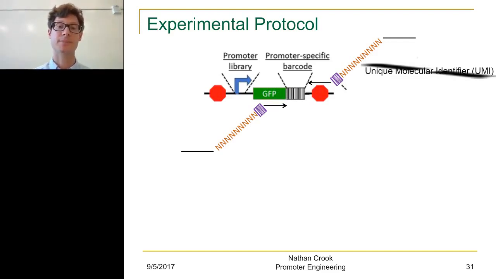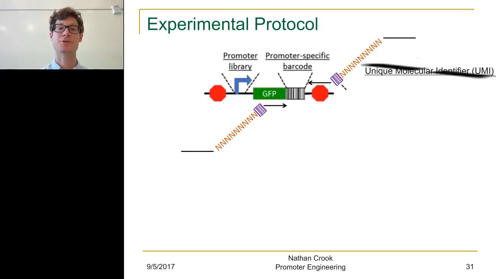These primers contain not only sample-specific barcodes shown in purple to allow you to multiplex your experiments on the same sequencing lane, but also these things called unique molecular identifiers. These are shown in orange, and these are random base pairs that are added during oligosynthesis, so that every single primer molecule has a different sequence in that region.